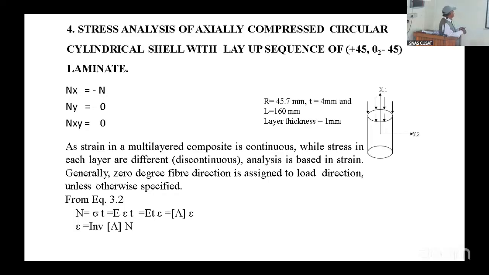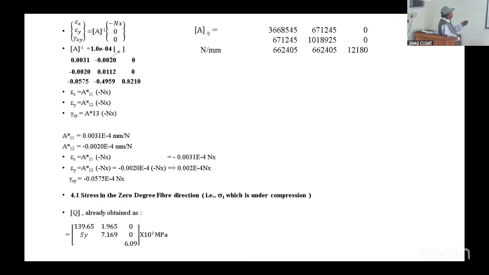Now, same thing we have put here, epsilon is equal to A inverse N. So A inverse we got from this, because last time we got the A matrix. So the inverse of that you take, you will get this.